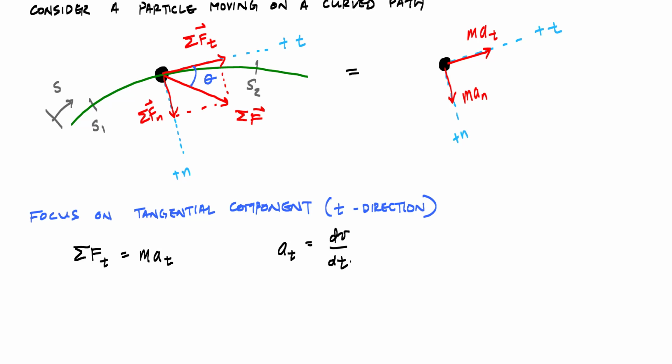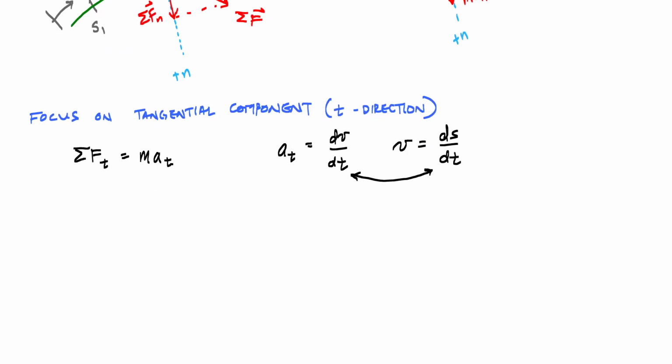We also know that the velocity of a particle is the time rate of change of position, ds/dt. When I combine this and get rid of time, this gives me this other really popular relationship, a_t ds equals v dv. So a_t is v dv over ds.